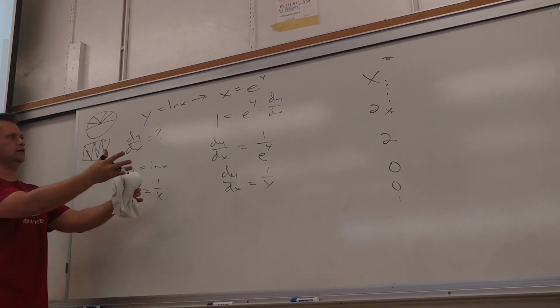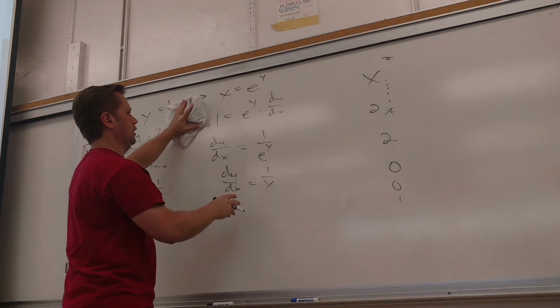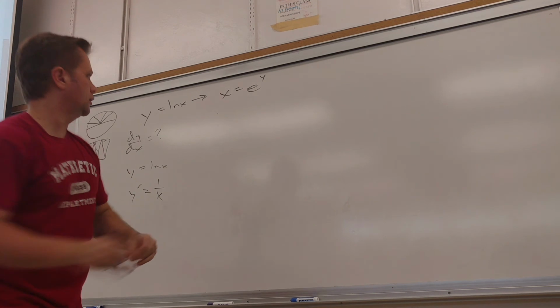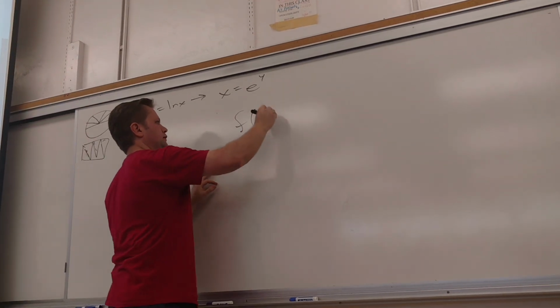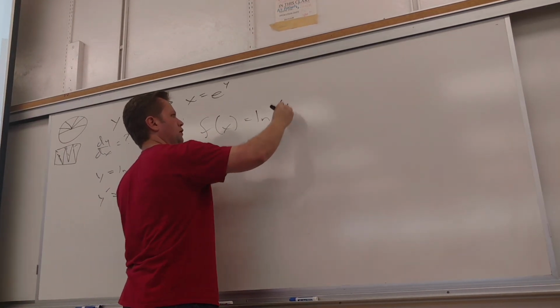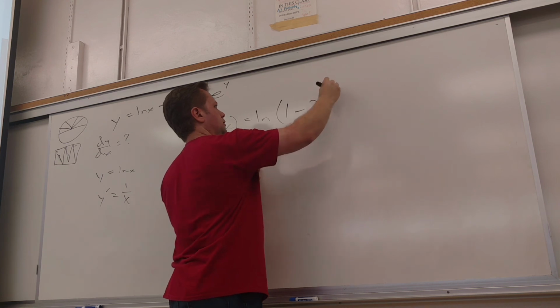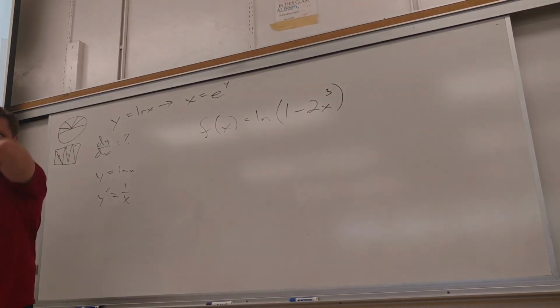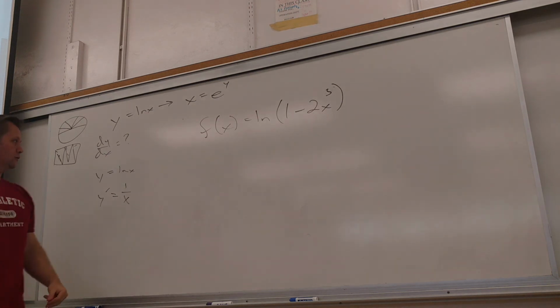All right, so that's this. So let's immediately use ln in some more funky ways here. If I had f of x equals ln of (1 minus 2x cubed), find that guy's derivative, now that we know this rule.